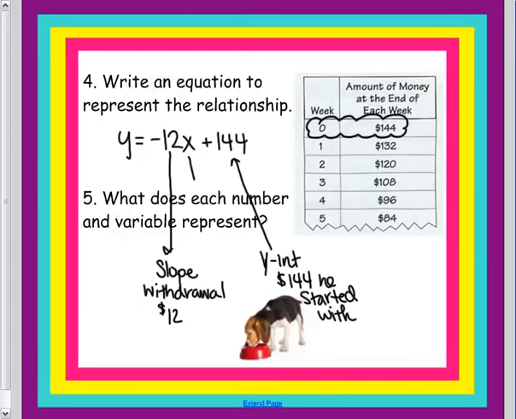Okay, if we look at this, x would be our weeks, and the y would be the amount of money, we're going to have to put it down here, at the end of each week.